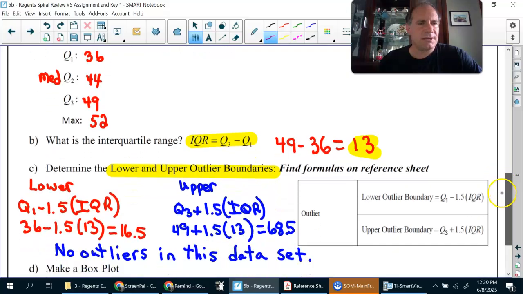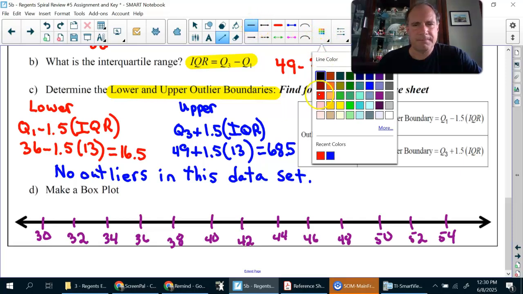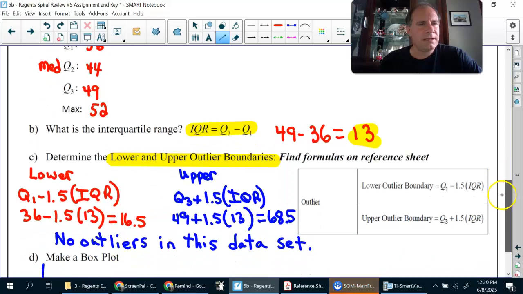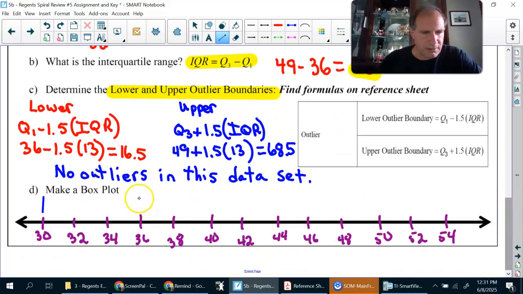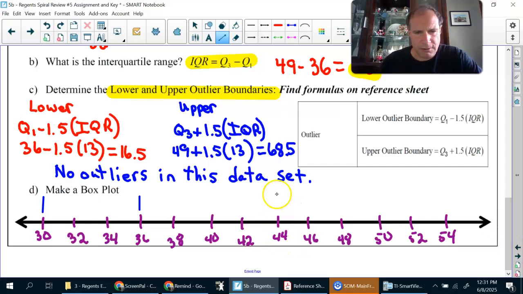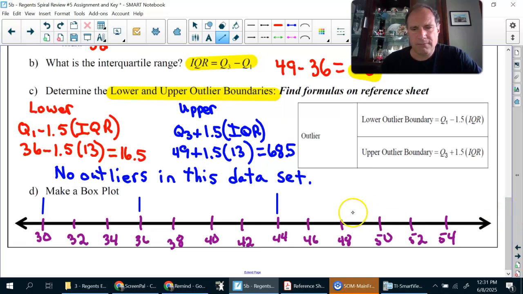So I'm going to look right now. The min is 30, so I'm going to draw a straight line at 30. Q1 is 36, so I'm going to draw a straight line above 36. The median is 44, so I'm going to draw another straight line right here. And quartile 3 is 49. 49 is directly right in the middle. That's the beauty of going by 2s. You don't have to guess where they are.